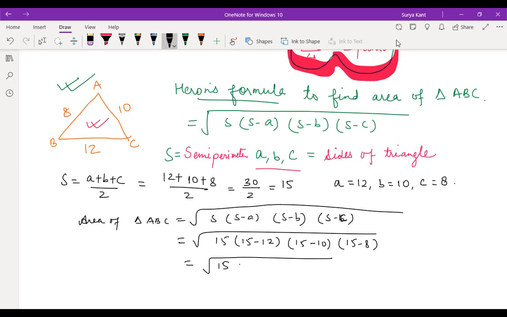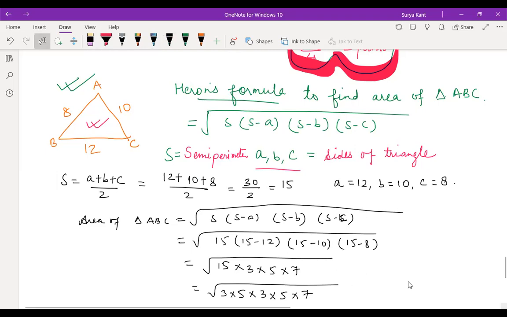So 15 into 3 into 5 into 7. Again, we can write 15 as 3 into 5, so 3 into 5 into 3 into 5 into 7.